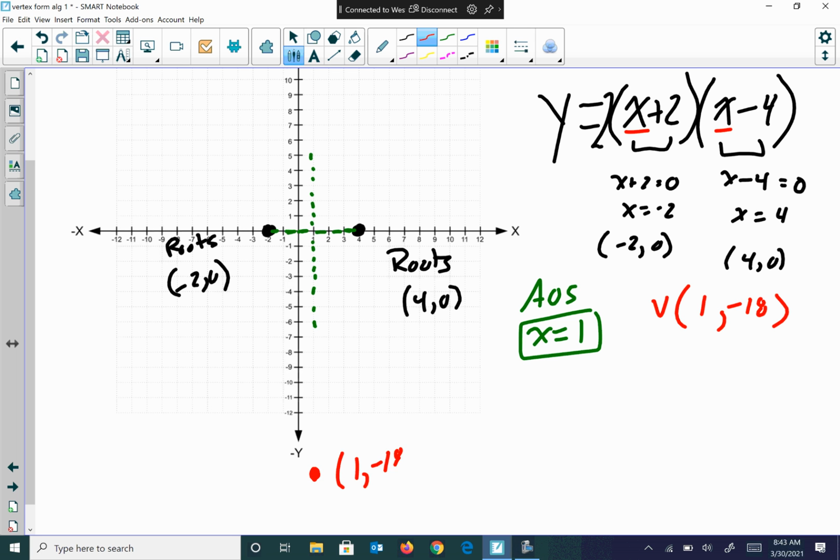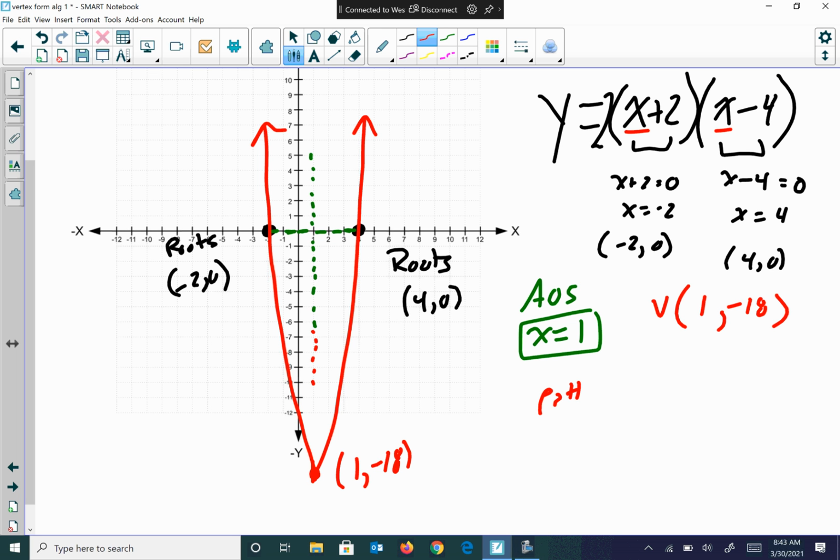So every now and then that might happen. If this were to happen on the test, and I don't think it will, and I apologize because I made one that didn't fit, I won't say you have to worry about pattern graph. If you did pattern graph, it would be 2, 6, 10, because of that 2 out front.